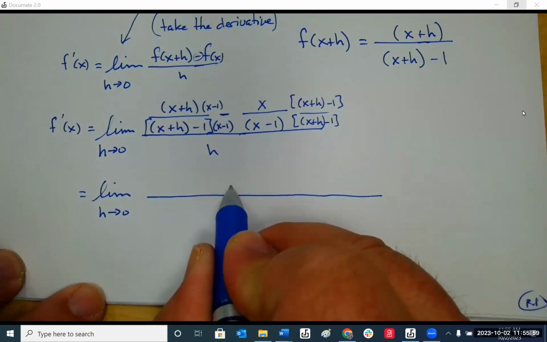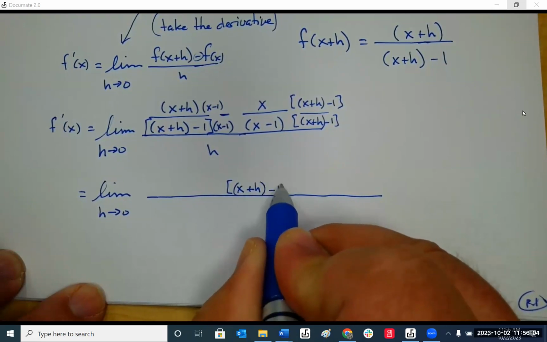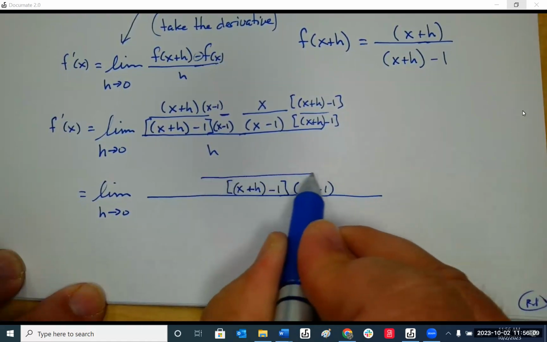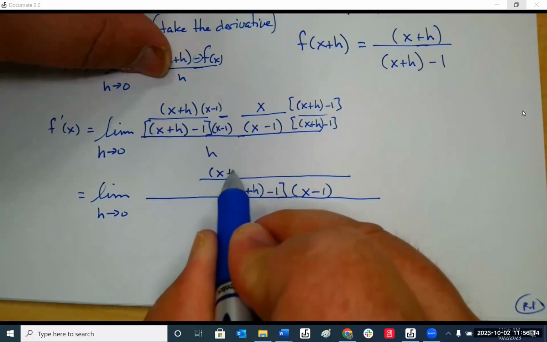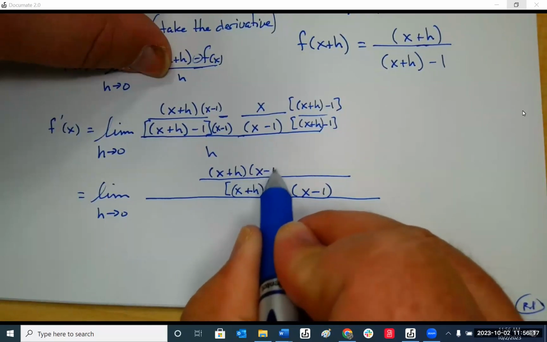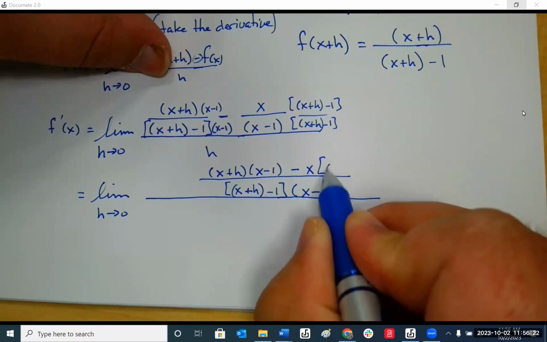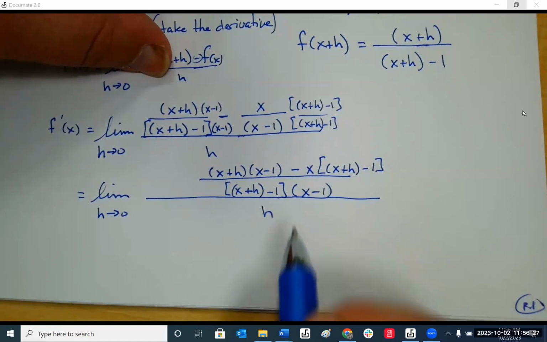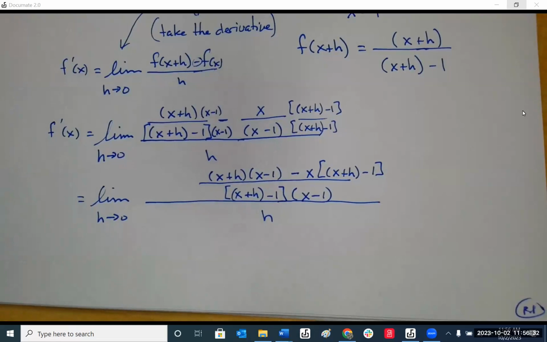So we have a common denominator of x plus h minus 1 times x minus 1. On the top, we have x plus h times x minus 1 minus x times x plus h minus 1 in brackets, all over h. This is going to get ugly really quick.